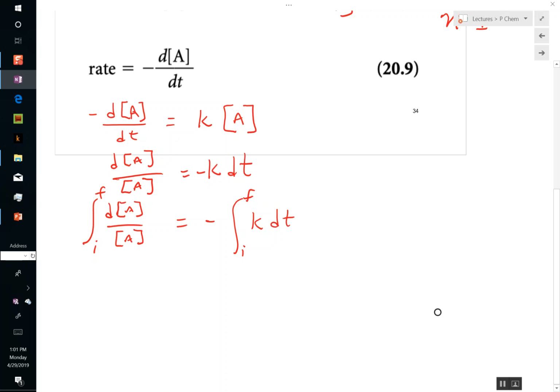So here it's the log. So this is ln of A final divided by A initial, and this is going to be -k times t final minus t initial.